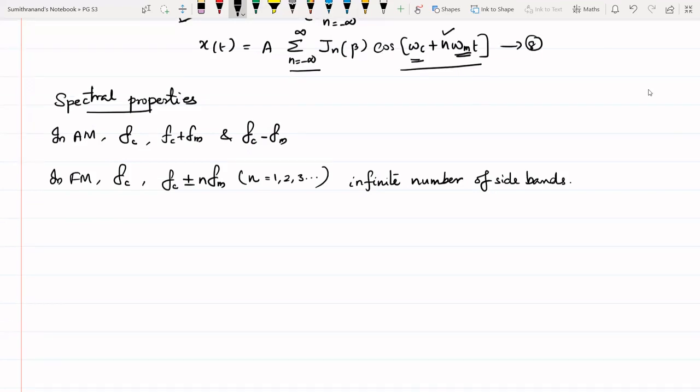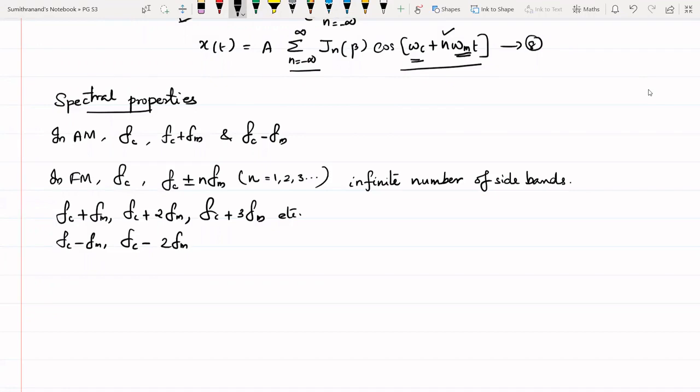Thus, here also we can have two sidebands, one set of frequency components lying above the carrier frequency Fc, such as Fc plus FM, Fc plus 2 FM, Fc plus 3 FM, etc. These are the upper sideband frequencies, and the other set of frequencies lying below the carrier frequency are Fc minus FM, Fc minus 2 FM, Fc minus 3 FM, etc. These are the lower sideband frequencies.